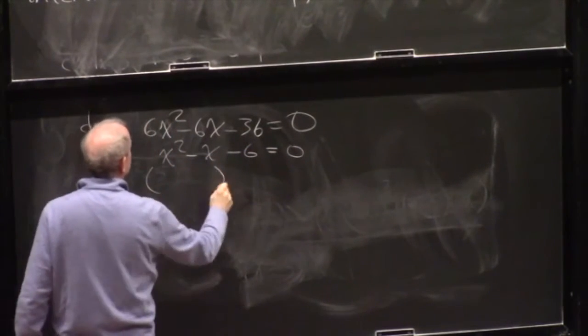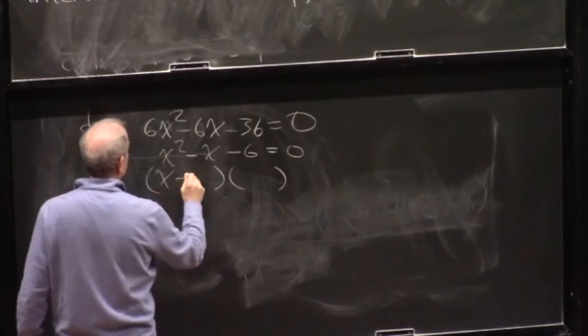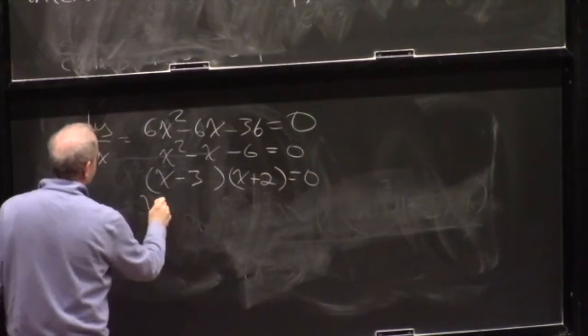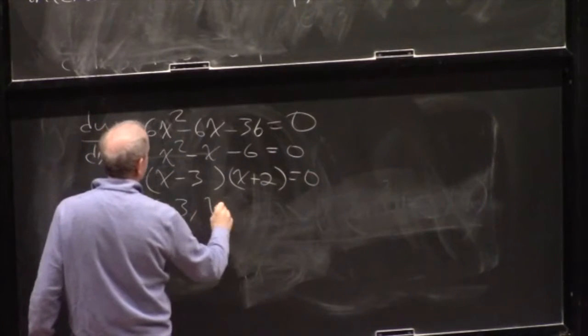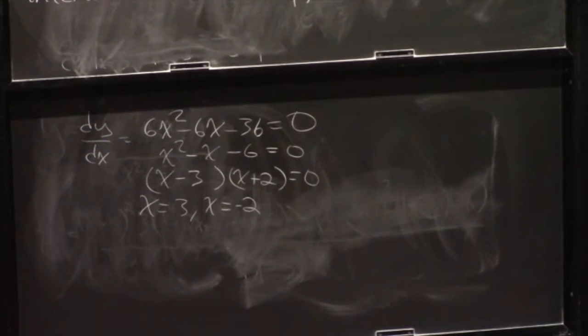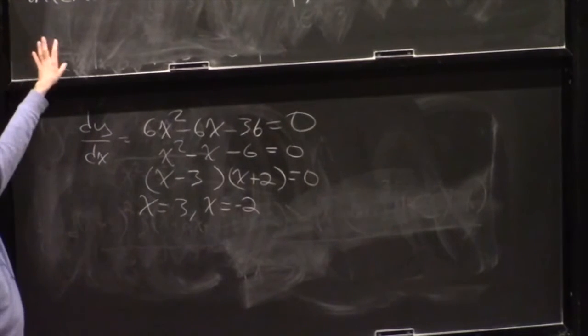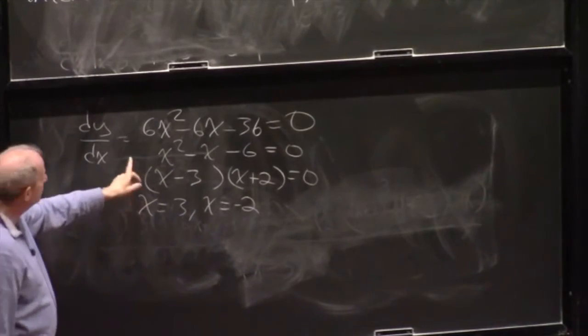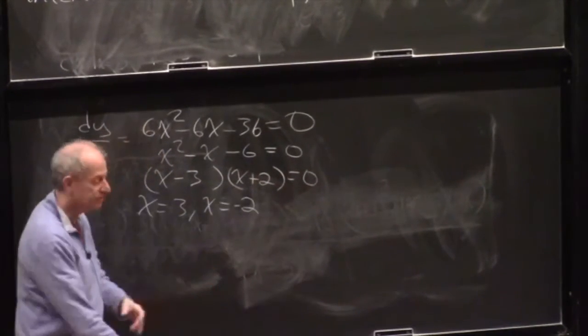And you get x is 3. X is -2. So if you were finding y values, you have to remember to go and plug back into the original equation. Okay? But for the derivatives, since you're just trying to find the derivative of 0, you can get rid of the 6 and make your life easier.